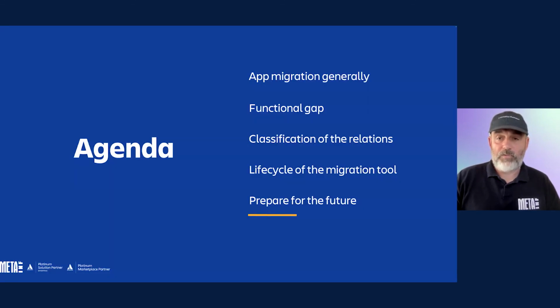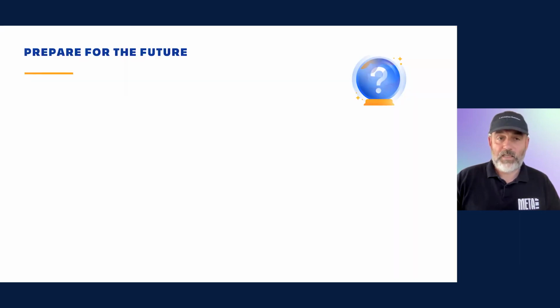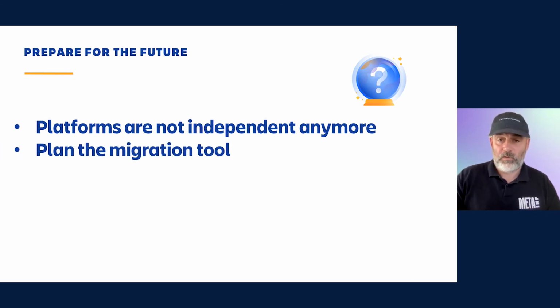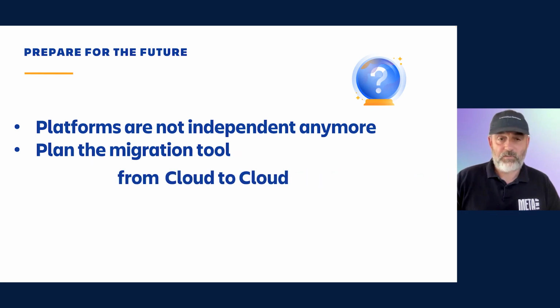How can we get future-proof? Let's prepare for it. The final new consideration is that you cannot develop your app on the platforms independently anymore. As soon as you have delivered the migration tool from data center to cloud, then prepare in mind for planning the migration tool from cloud to cloud.